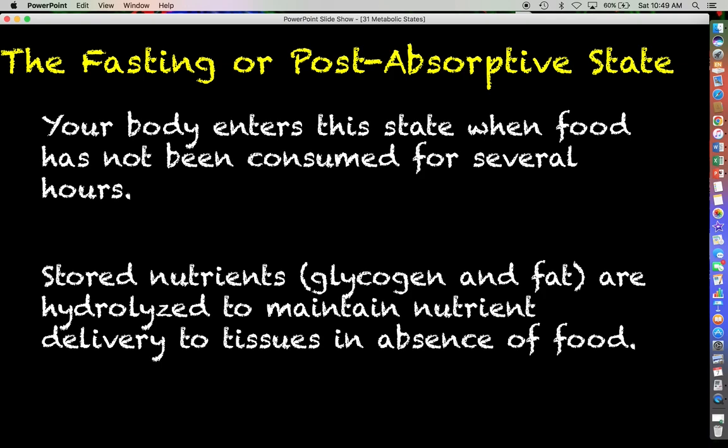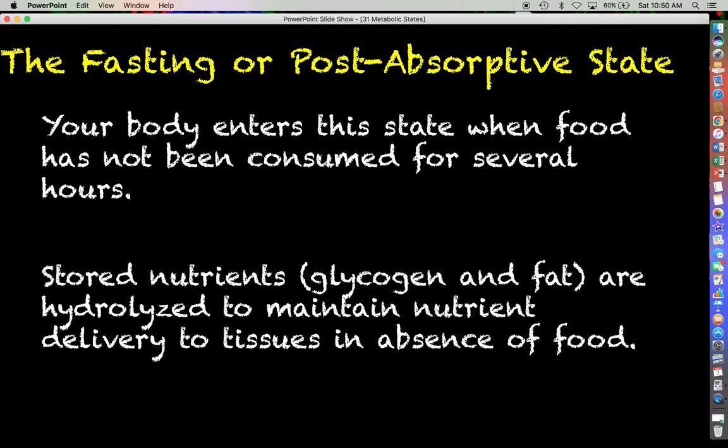So we're going to take those stored nutrients like glycogen and fat, and during the fasting or post-absorptive state, we are going to hydrolyze glycogen into glucose, fat into fatty acids, and we are going to utilize those molecules to help to maintain nutrient delivery to tissues in the absence of new food entering into our system. Don't forget, we have tissues and organs in our body, like the brain and like the heart, that have this constant, unceasing requirement for energy.